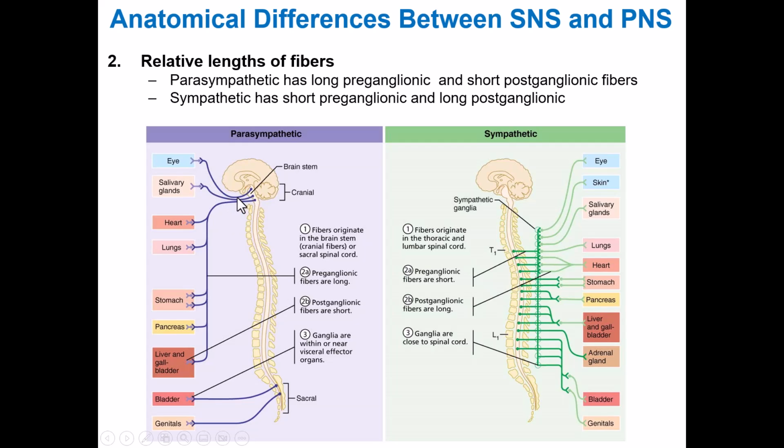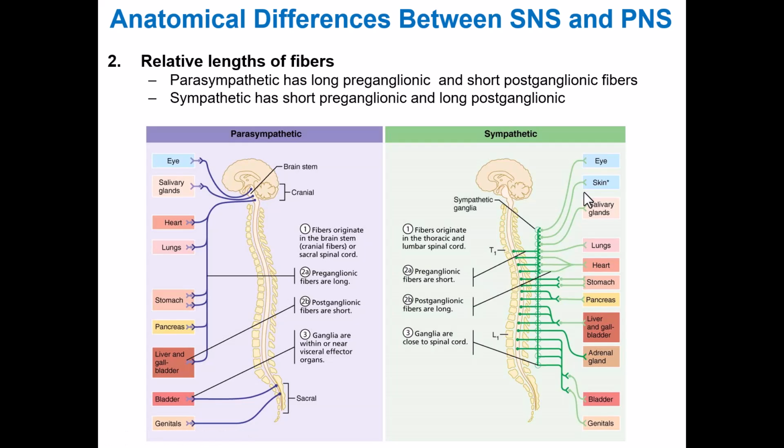The preganglionic neurons are very long. Postganglionic neurons are very short. But look at the sympathetic division. Preganglionic neurons in dark green are shorter, I should say. They're shorter than they are in the parasympathetic division. And therefore, the postganglionic neurons are longer.